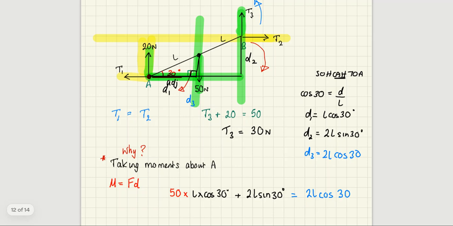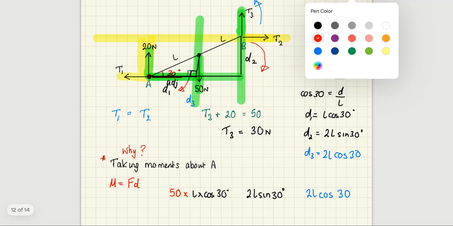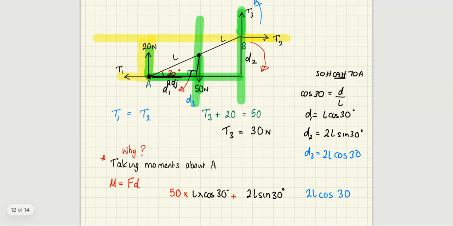What have I missed? The forces, haven't I? Got so focused on distances. This one was 50 because that was this one. This one was the T2 one, so that's plus T2 times 2L sine 30.